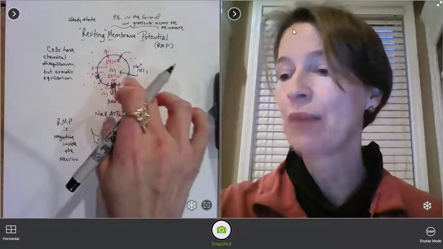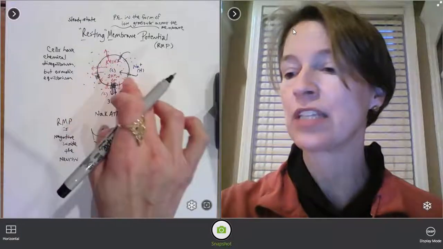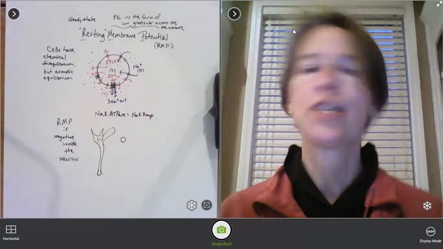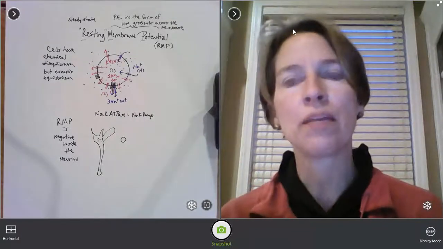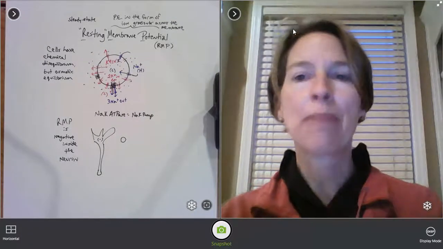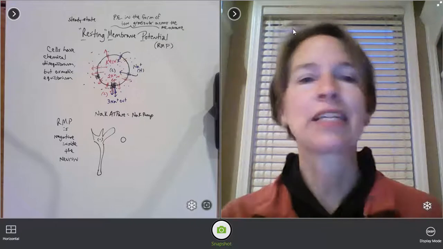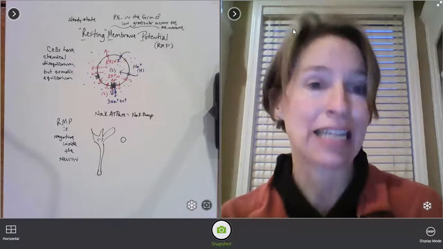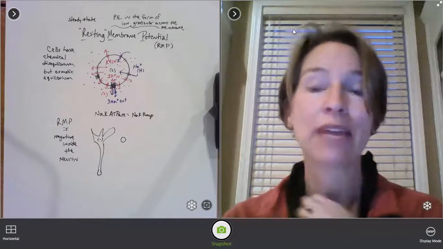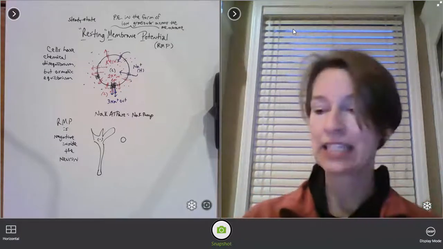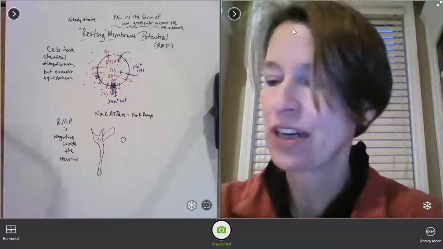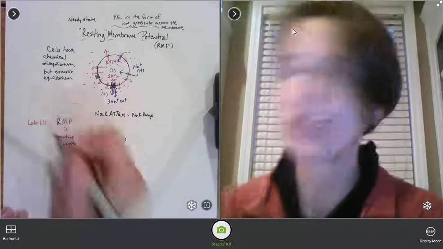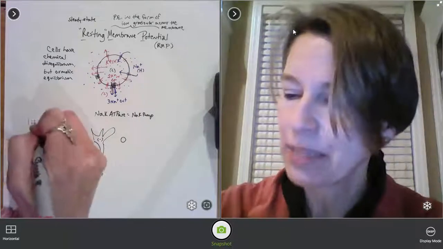So look at how many positives are leaving through these red channels compared to positives coming in through the blue channels. So having a super leaky membrane to potassium makes more positive leave because that's the electrochemical or concentration gradient for potassium. So that's one of the main reasons why it's negative inside, because there are lots, and I'll put an exclamation point, of potassium.